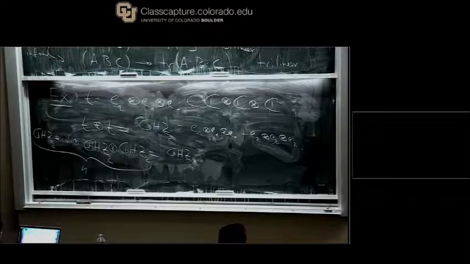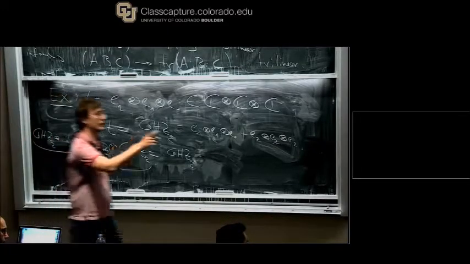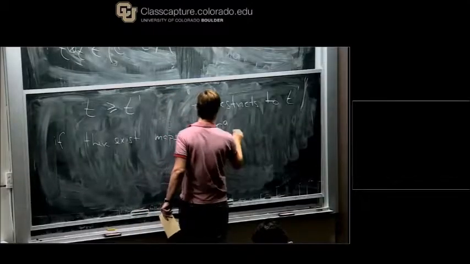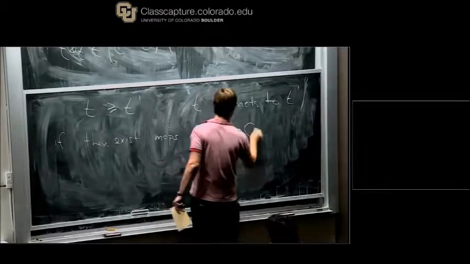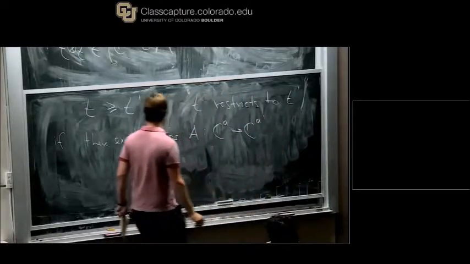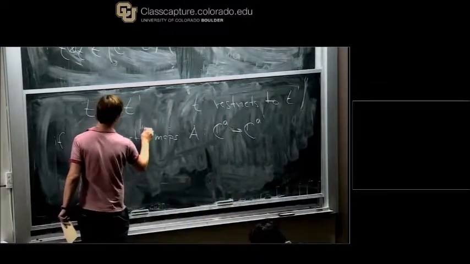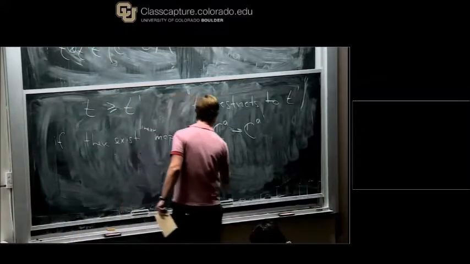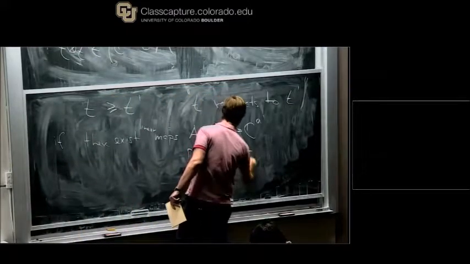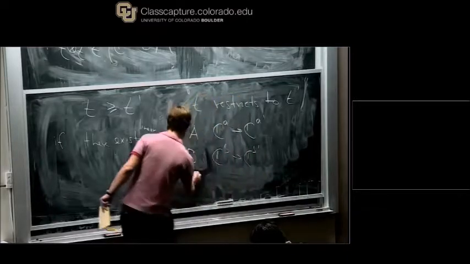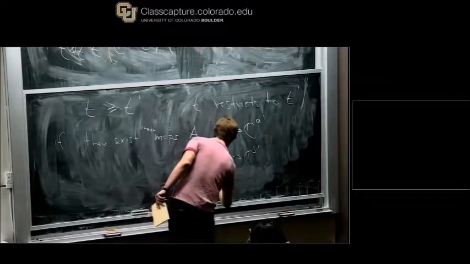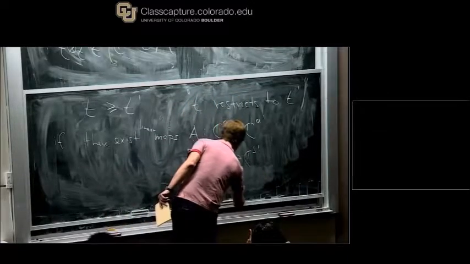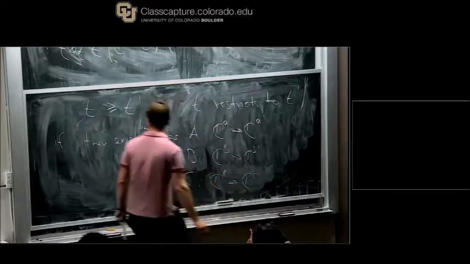What about maps? Yes. A brings you from the A space to the A prime space, right? These are linear maps. And the map B from C^B to C^B prime. And the map C from C^C to C^C prime, right?